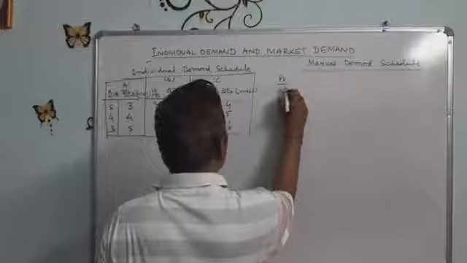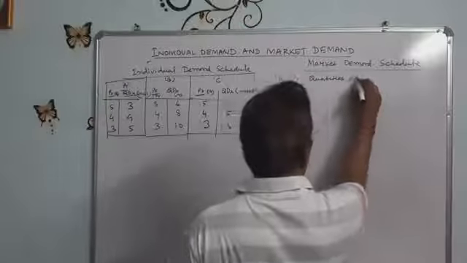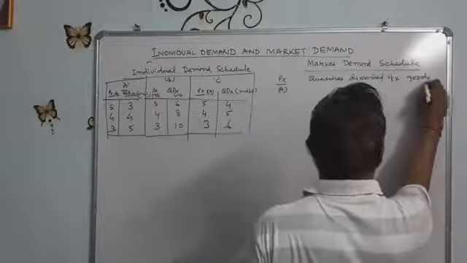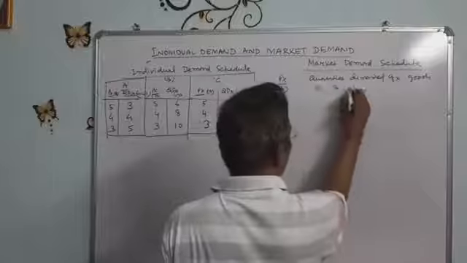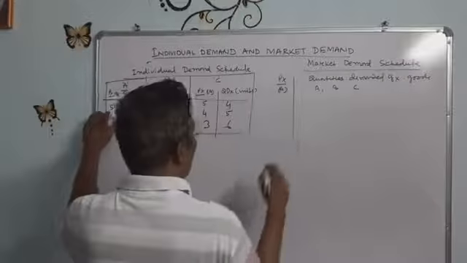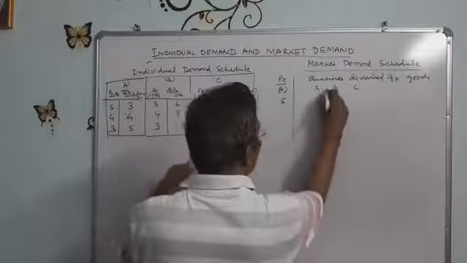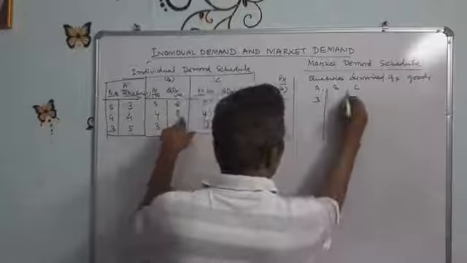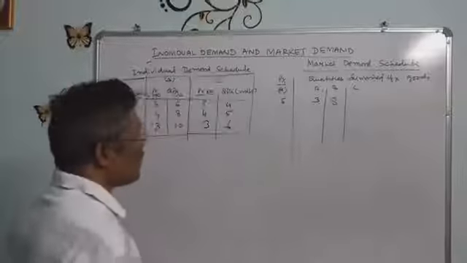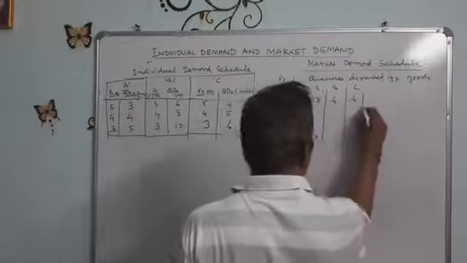The price of X in rupees and the quantity demanded of X goods by A, B and C. At 5 rupees, A's demand is 3 units, B's demand is 6 units, and C's demand is 4 units.